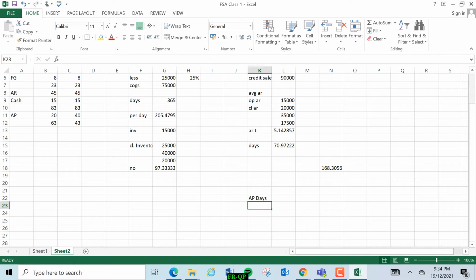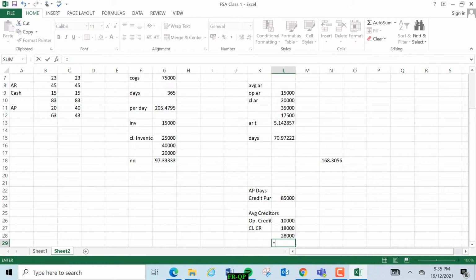For AP days also you need to know the credit purchases, because for cash purchases you don't need to wait. So credit purchase, say 85,000. You need to know the average creditors. Opening creditors is say 10,000, and closing creditors is say 18,000.